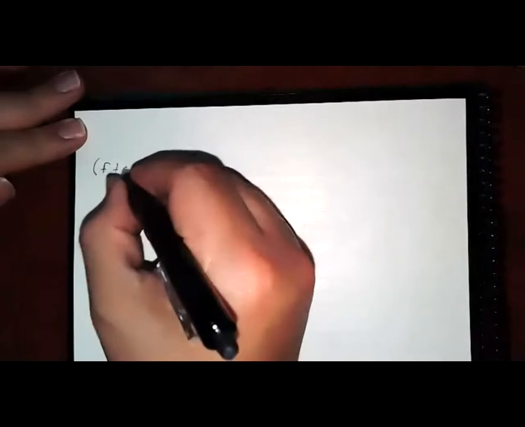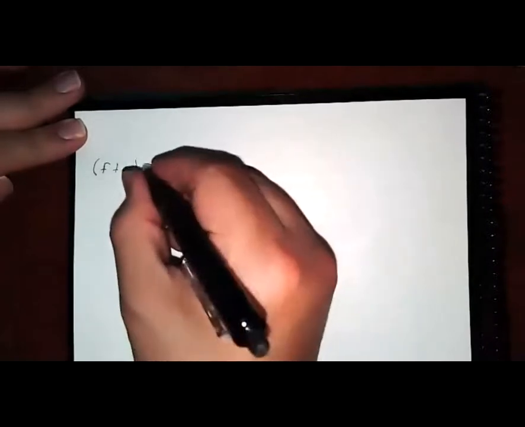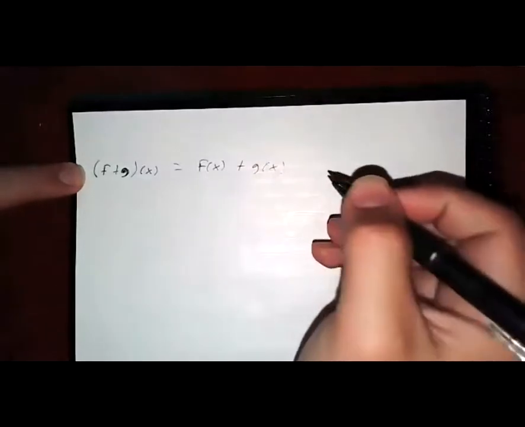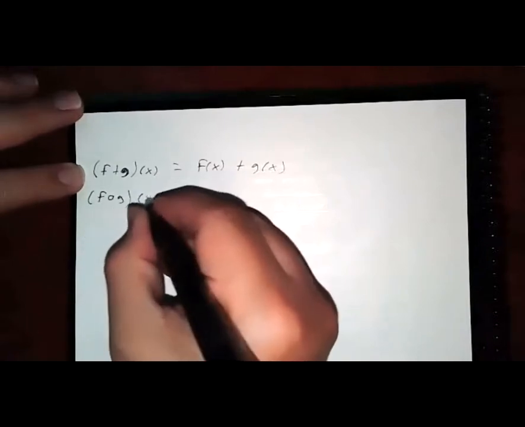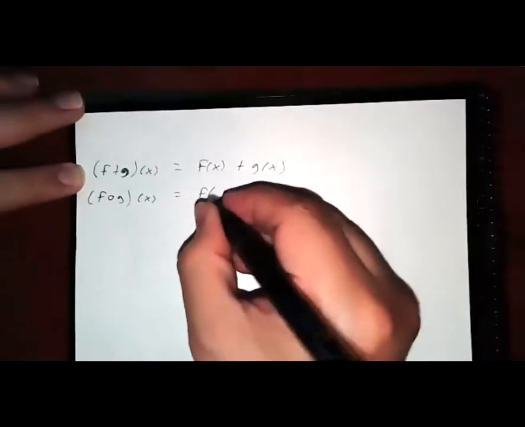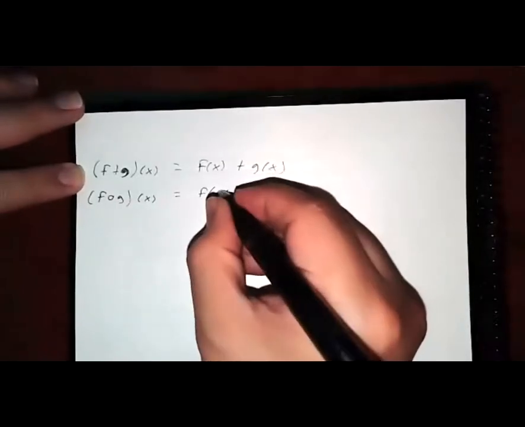So they first introduced this notation when they had a sum of functions. So f plus g of x is the same as saying f of x plus g of x. You remember that? And then they had f composed with g of x, which means f of g of x.